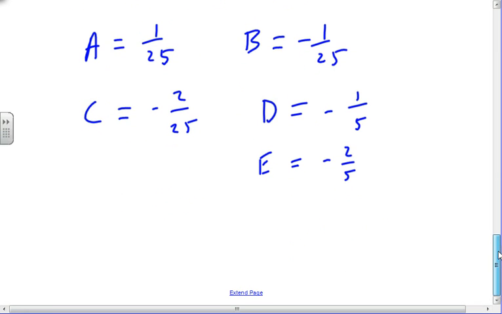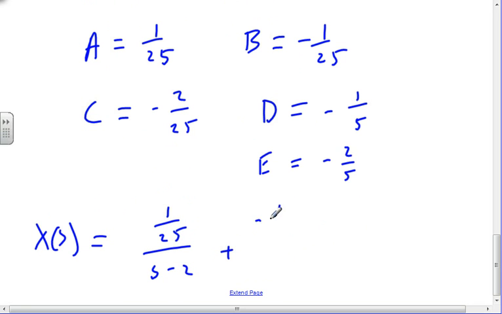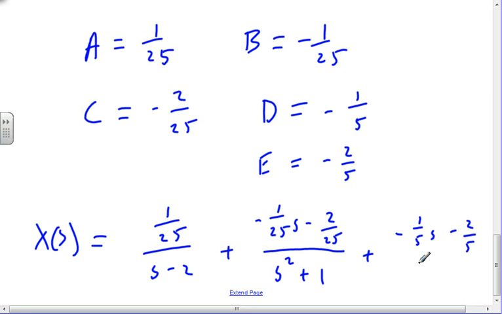Alright, so now we have to remember what our equation was. So x of s is 1 over 25 times s minus 2, plus minus 1 over 25 minus 2 over 25, and s goes there, over s squared plus 1, plus minus 1 over 5 s minus 2 over 5 divided by s squared plus 1 squared.